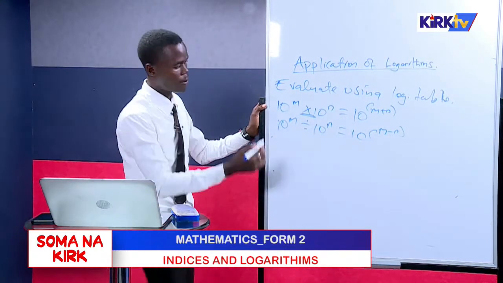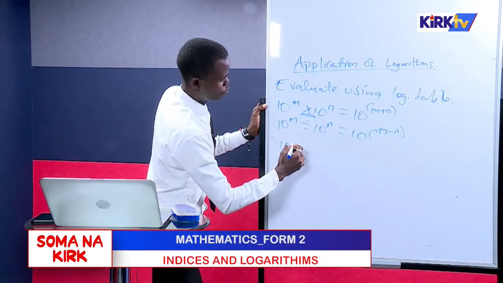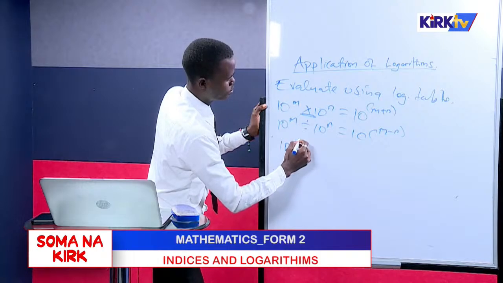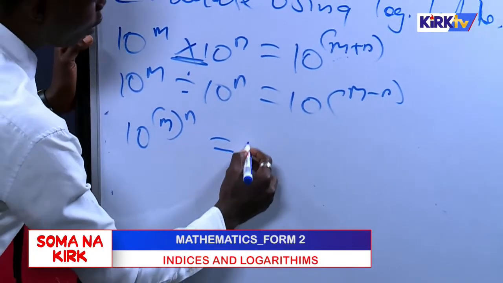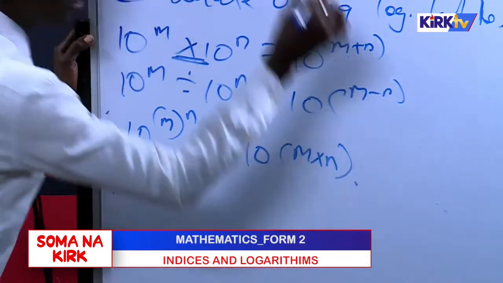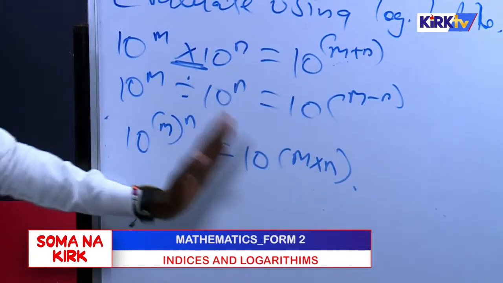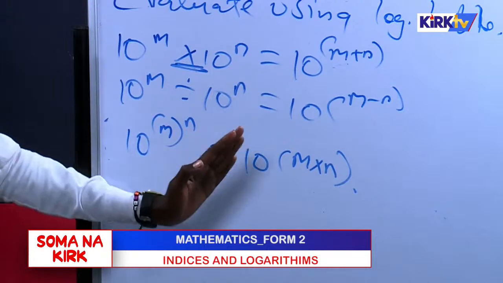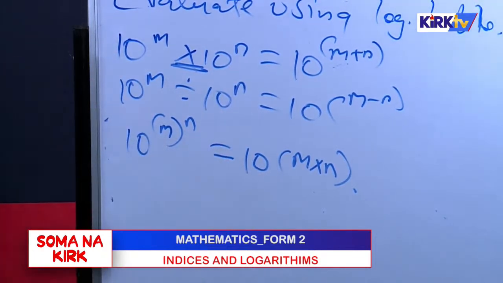And now, the power law, for example, if you have got 10 raised to power m, n, hapa itakuwa, now it will just be the base into m times n. So these are the 3 laws which govern indices and logarithm. Those are the 3 laws. If you know them, you are good to go.